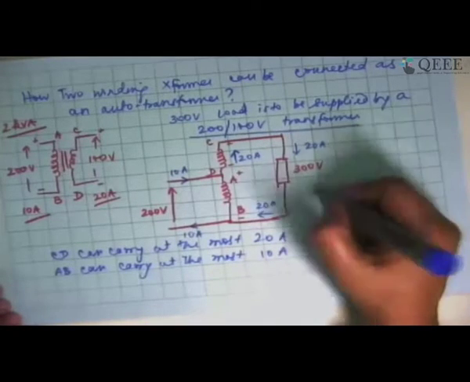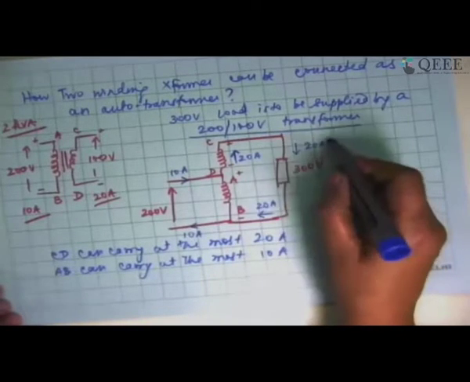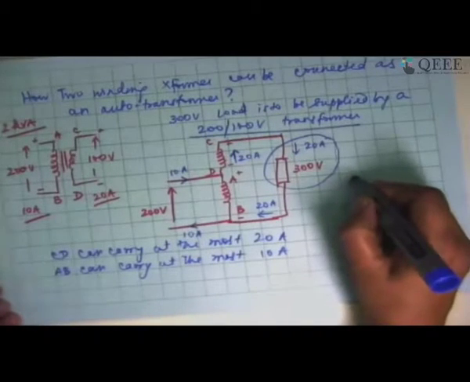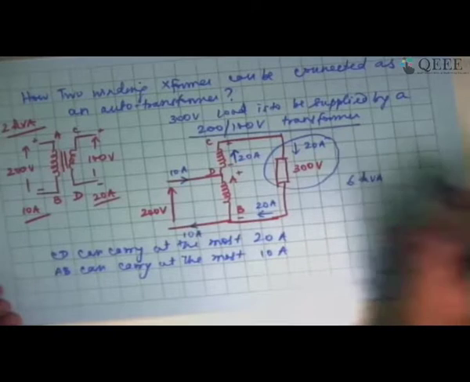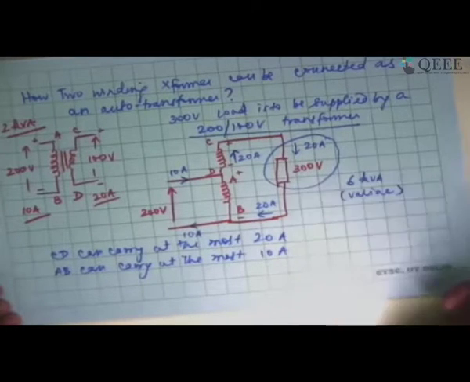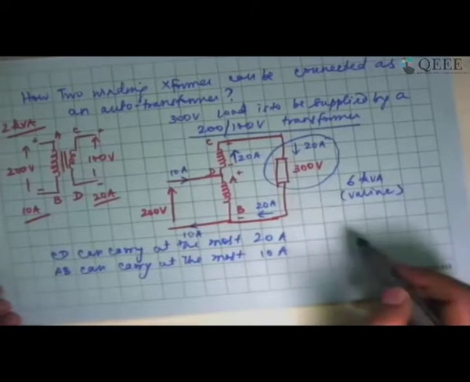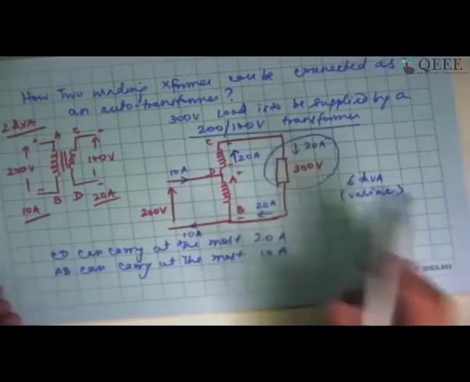This is the constraint that I have. So if CD can carry at the most 20 ampere, 300 multiplied by 20 will be the overall kVA rating of the load. So I'm going to have 6 kVA being supplied by this variac, because it is 300 volts and 20 ampere.